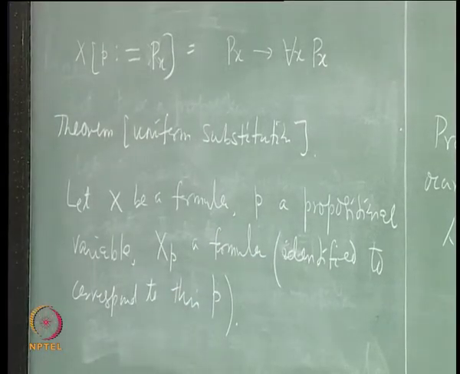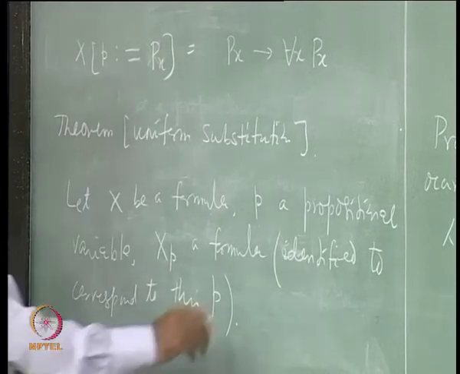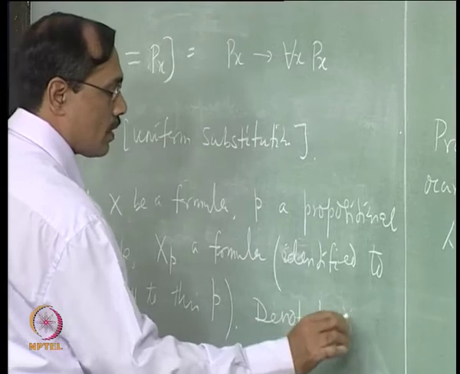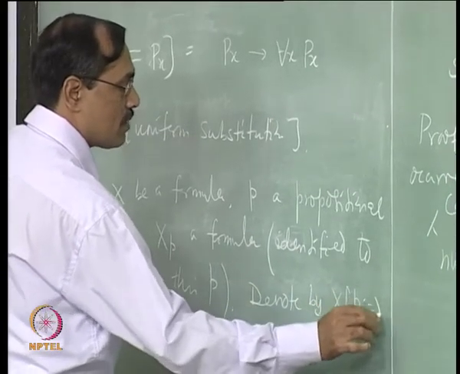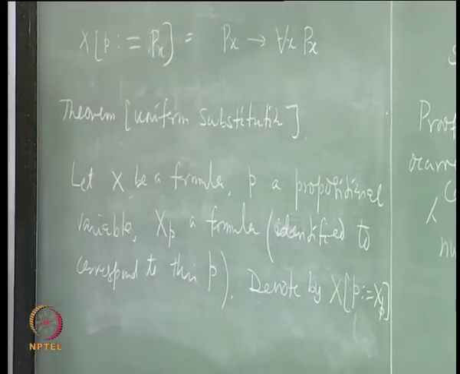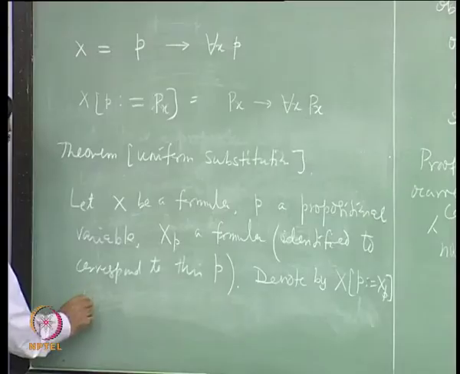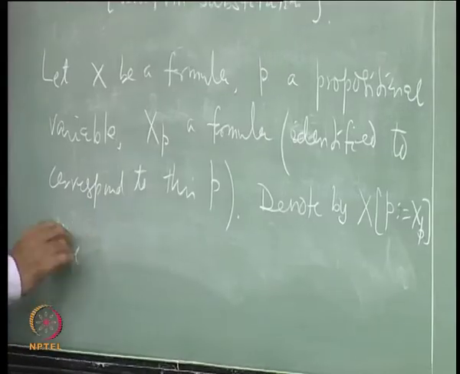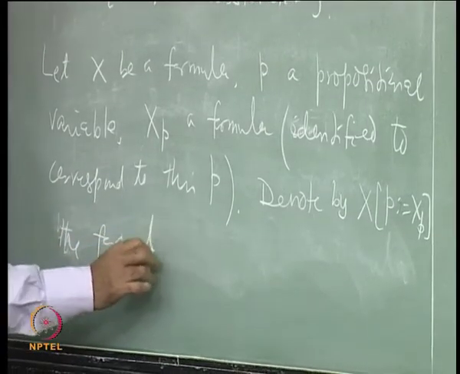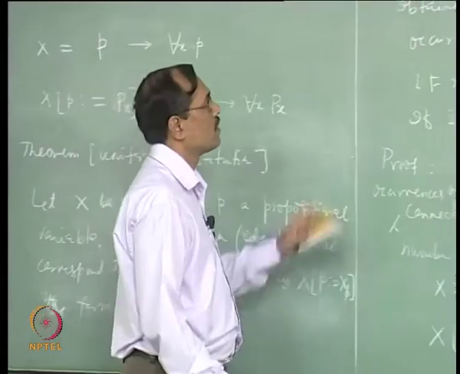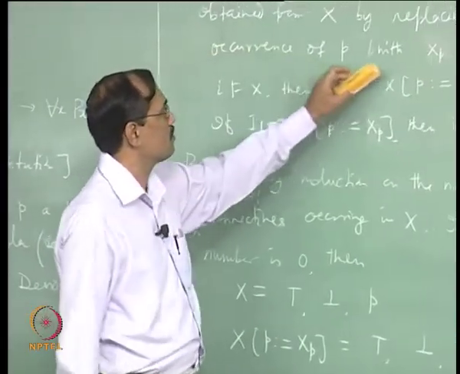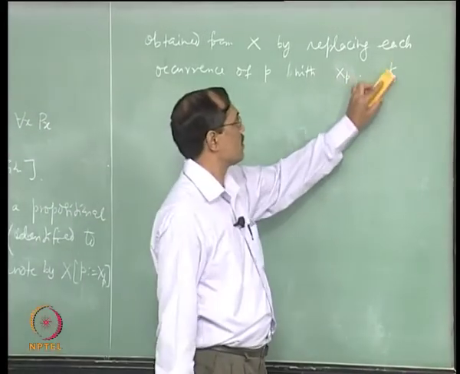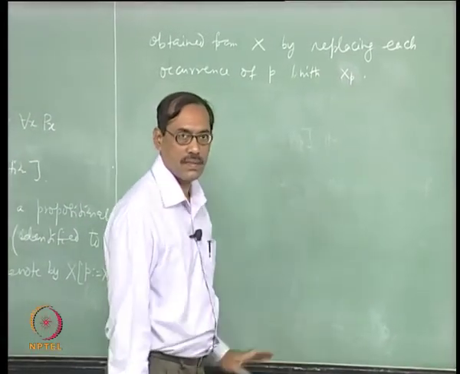This is what we are going to do. Then denote by X_p replaced by X_p, as earlier, the formula obtained from X by replacing each occurrence of p with X_p. So, now we need something more, we have to give our constraint.